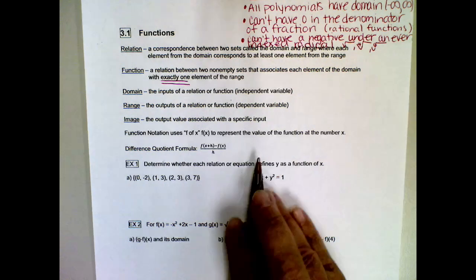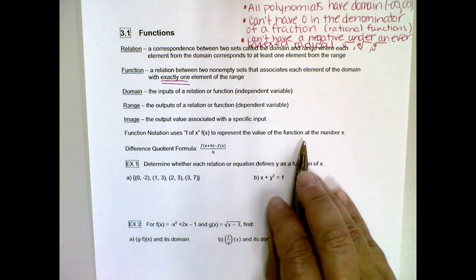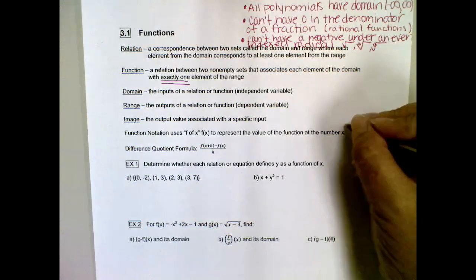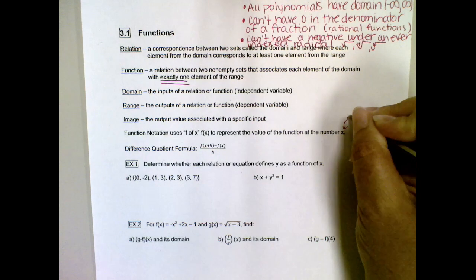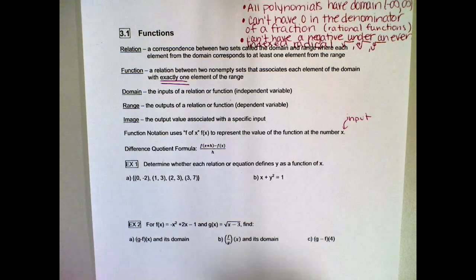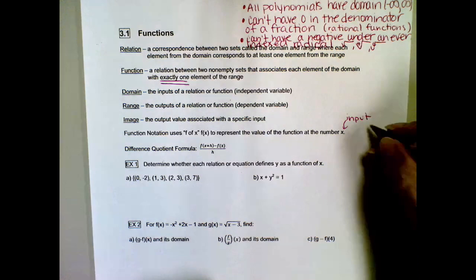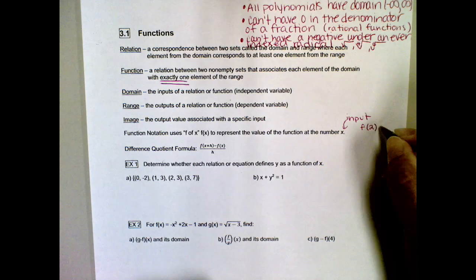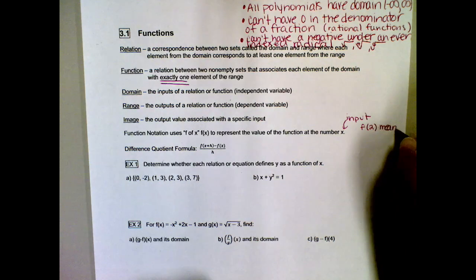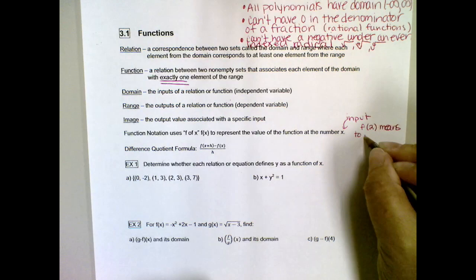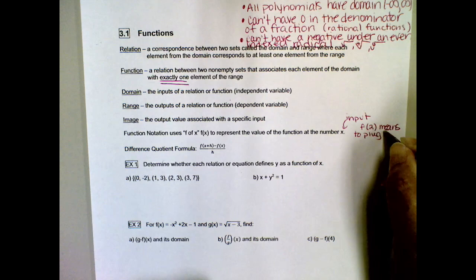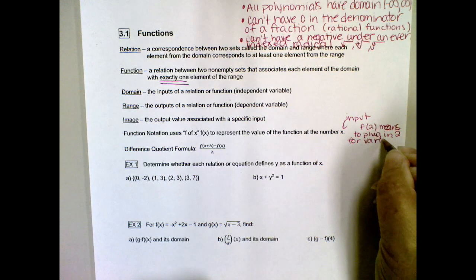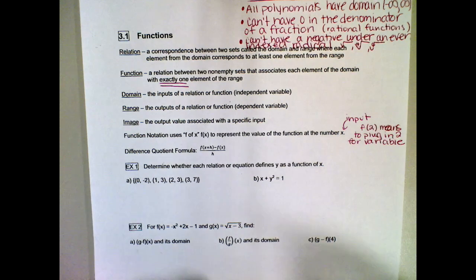But remember that the f value is the output, and the number x is the input value. So if, for instance, you were told to find f of 2, that means to plug in 2 for the variable, often x, but could be any variable we want.